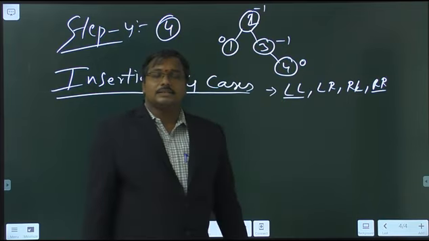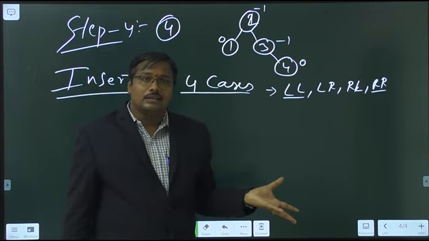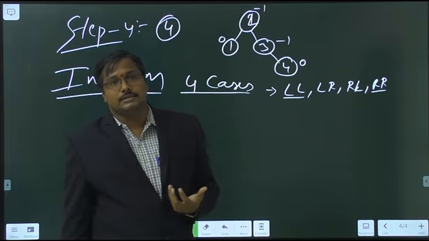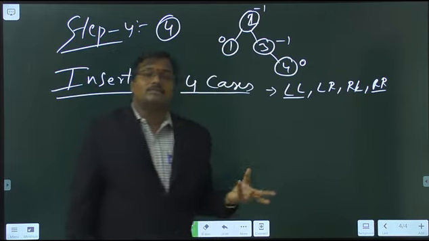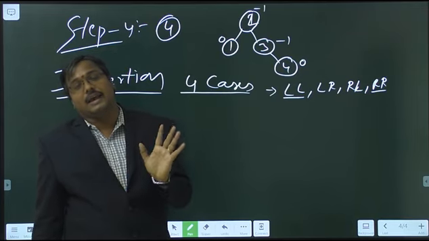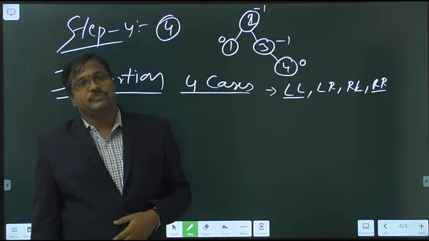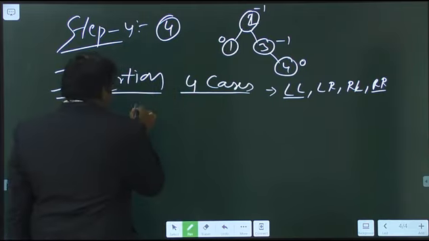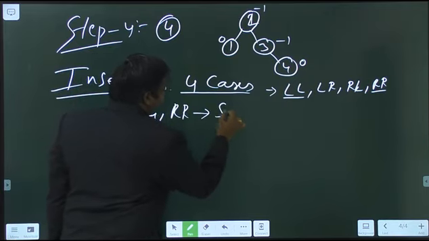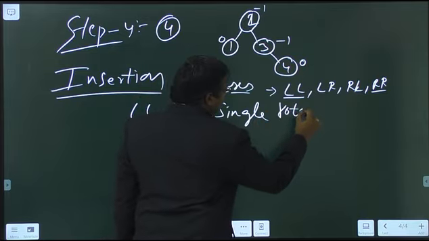In the LR case, whenever we insert a node in the left subtree as a right child, we get imbalance. In the RL case, whenever we insert in the right subtree as a left child, we get imbalance. So here LL and RR, these two are single rotation cases.